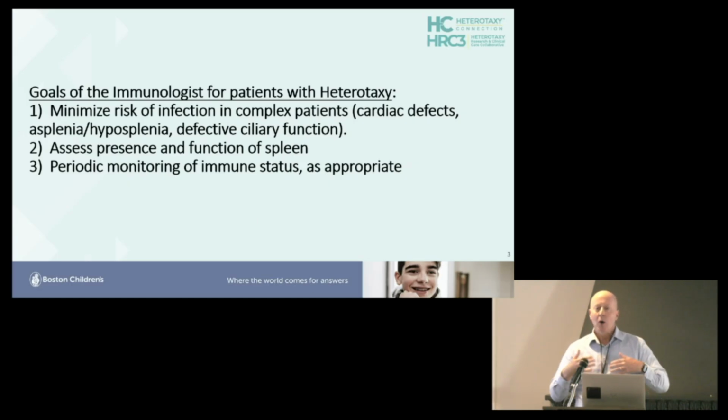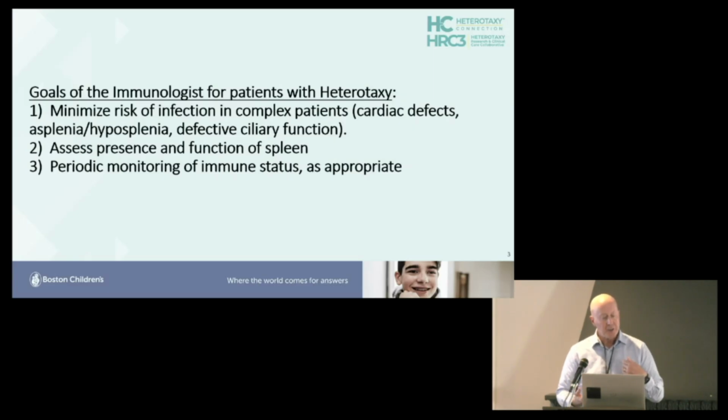So, we've talked about all the amazing things that these patients go through, and what we're trying to do as immunologists is minimize the risk of infection in these complicated patients. Even subtle immune deficiencies can add to their risk, so it's really important for us to understand their immunologic function.